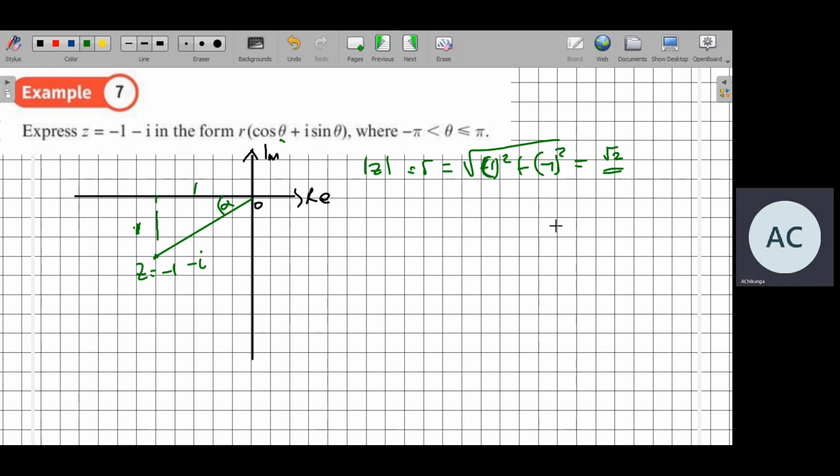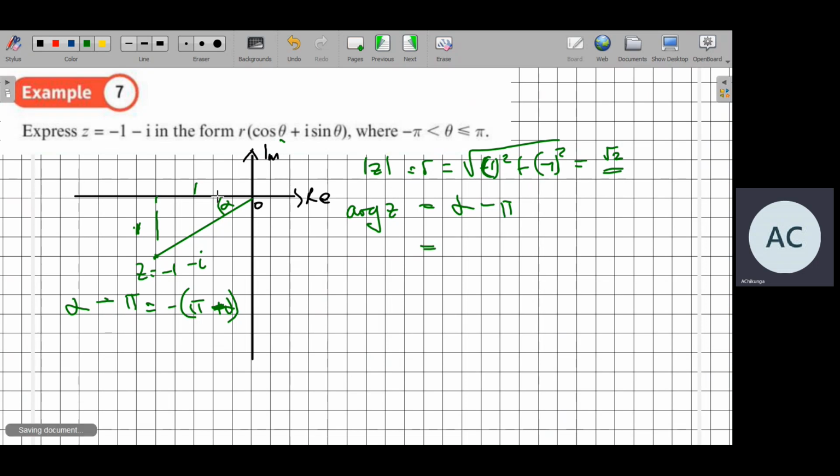How do we find the angle? We say the angle that is in here, we rather write it as alpha minus pi. You get that? So the argument of z is going to be alpha minus pi, or minus pi plus alpha like this. That's it.